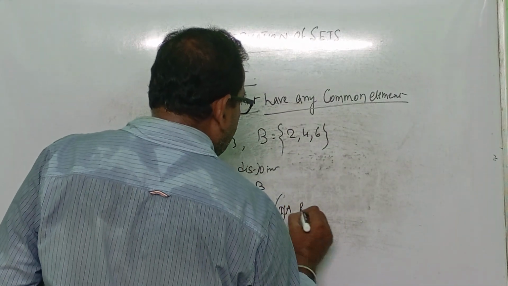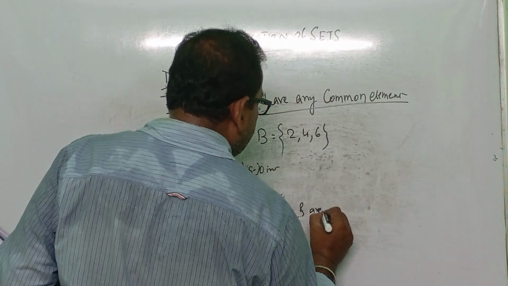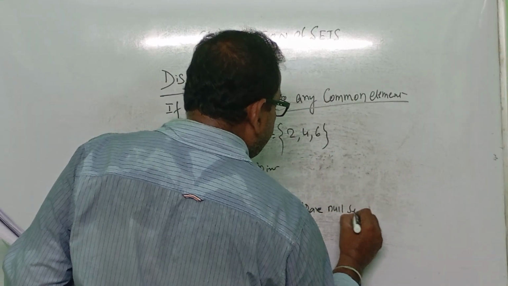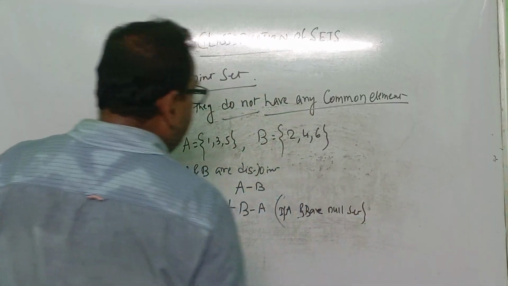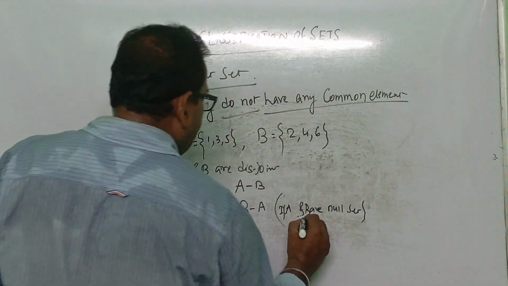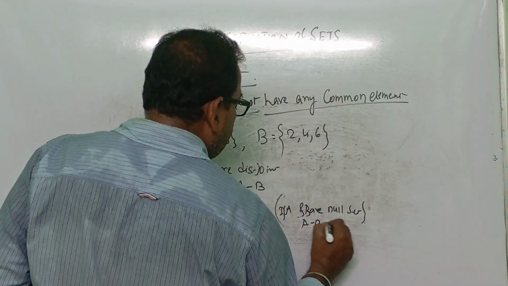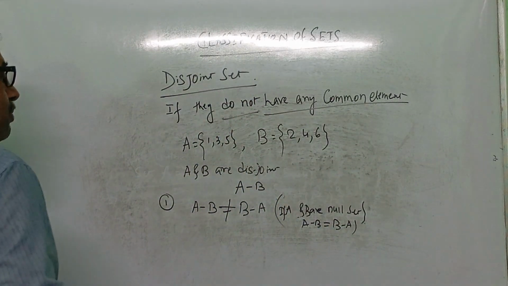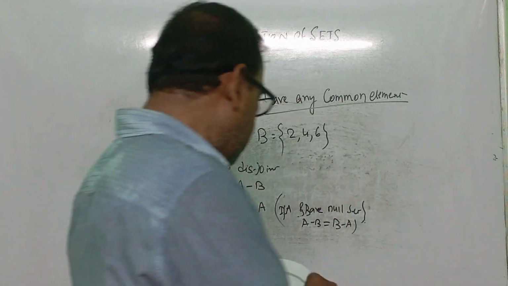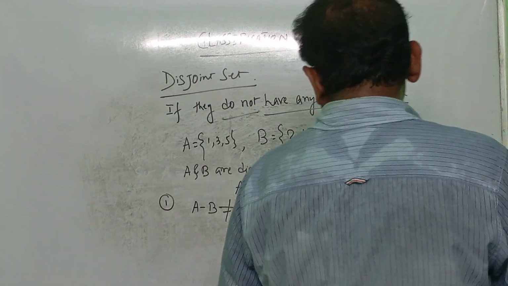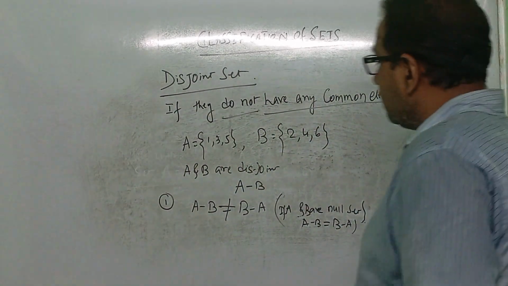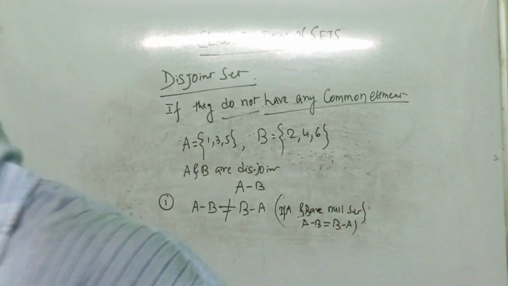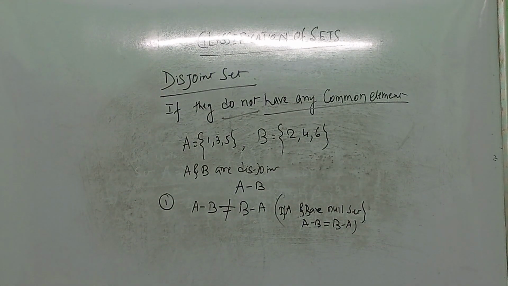If A and B are null sets, then A minus B is equal to B minus A. Otherwise, A minus B is not equal to B minus A. Go through the classification of sets, set builder form, roster form.